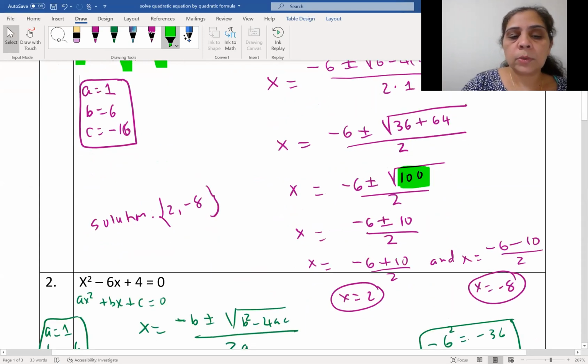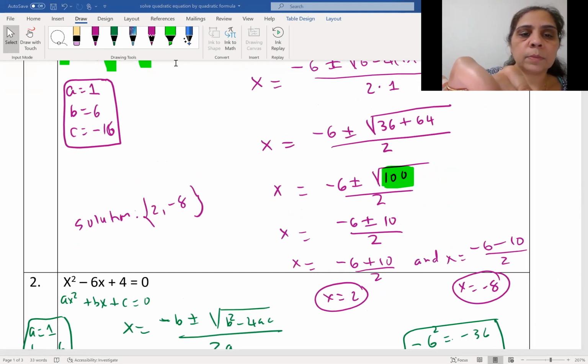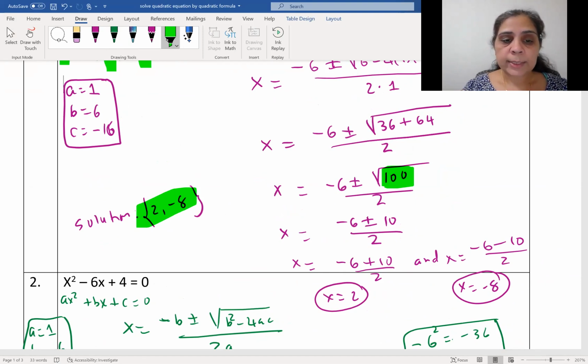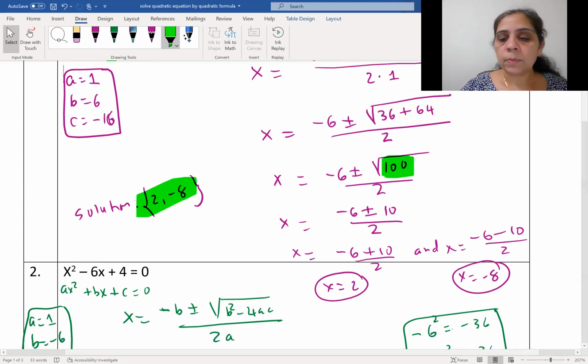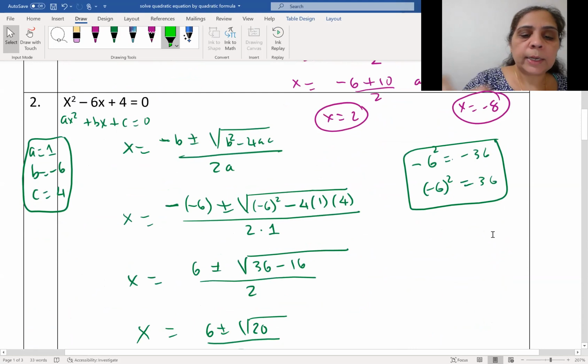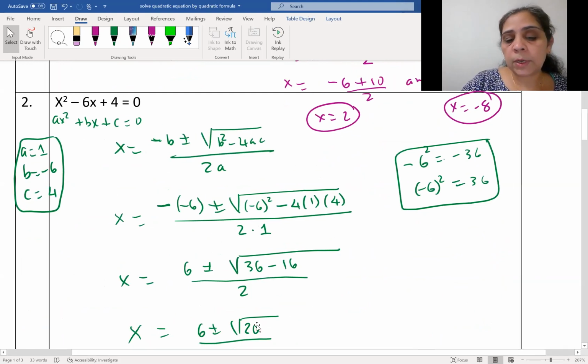From the first problem we found two solutions, so your graph crosses the x-axis at 2 and negative 8. In the second one, b squared minus 4ac is also positive, so we found two solutions here.